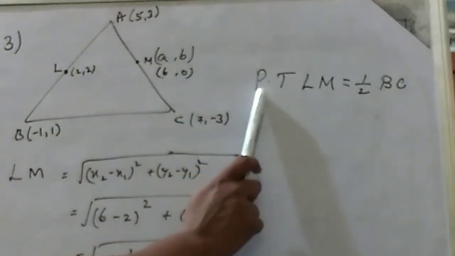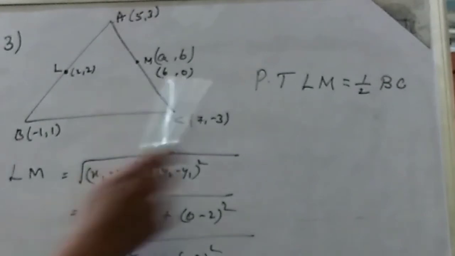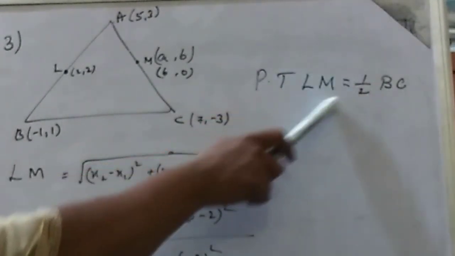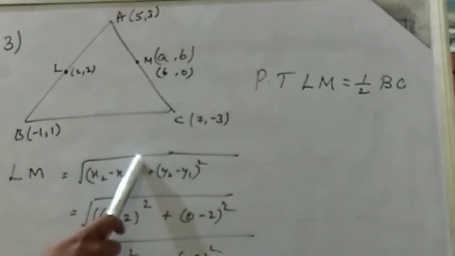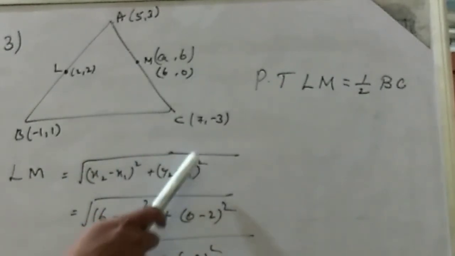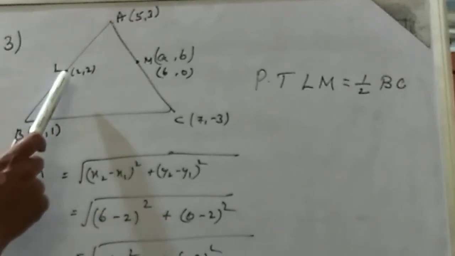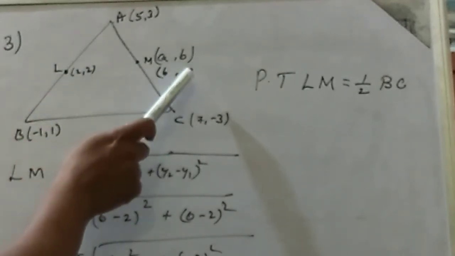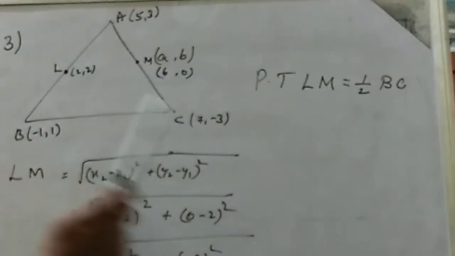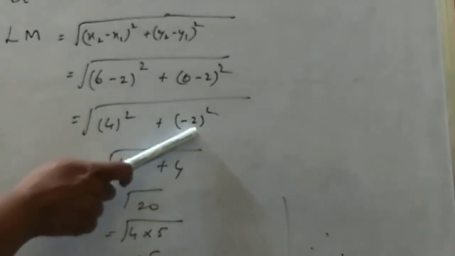Next they said, prove that LM is equal to half of BC. So apply the distance formula and get LM: under root (x2 - x1) whole square plus (y2 - y1) whole square. Then (6 - 2) whole square plus (0 - 2) whole square, written inside the under root. 4 square you got and (-2) square.